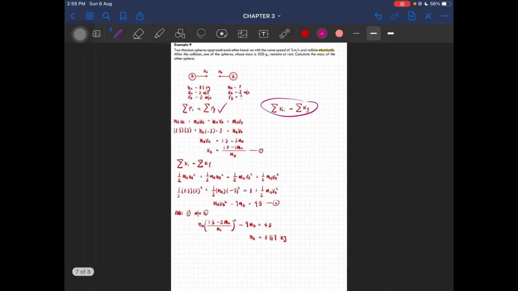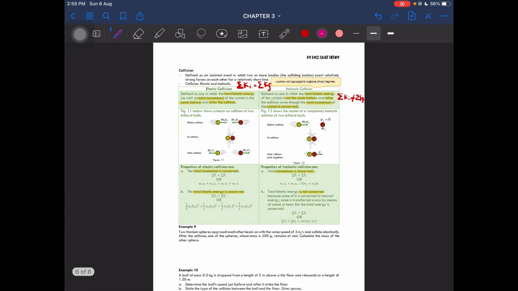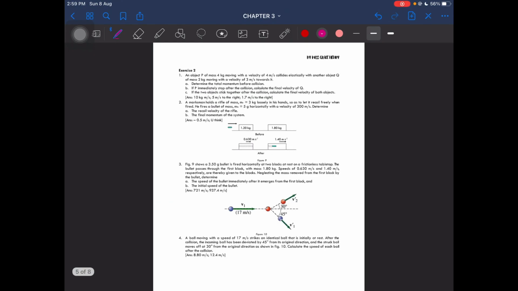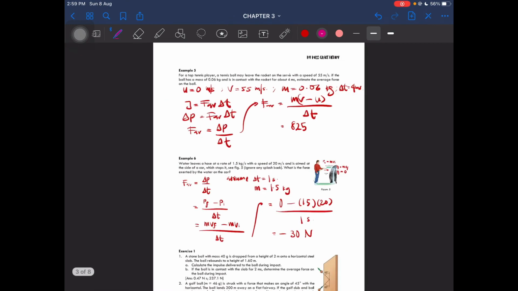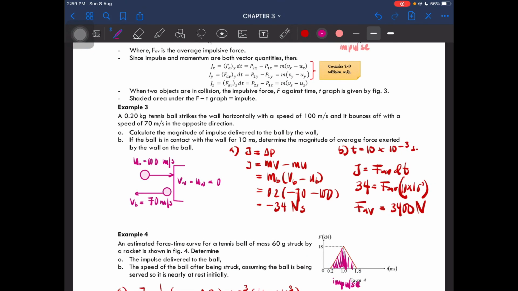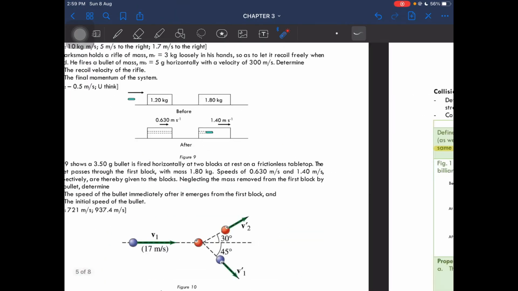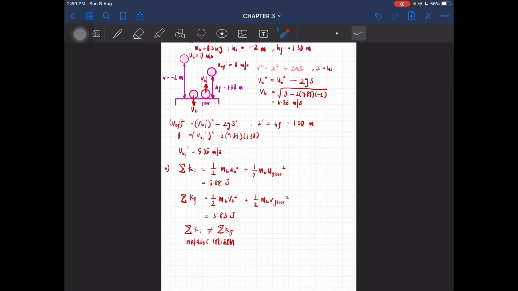This example 10 has the same concept as the previous one, where we have to consider both the wall as well as the ball. Same thing goes with example 10, where we need to consider the floor as well as the ball.